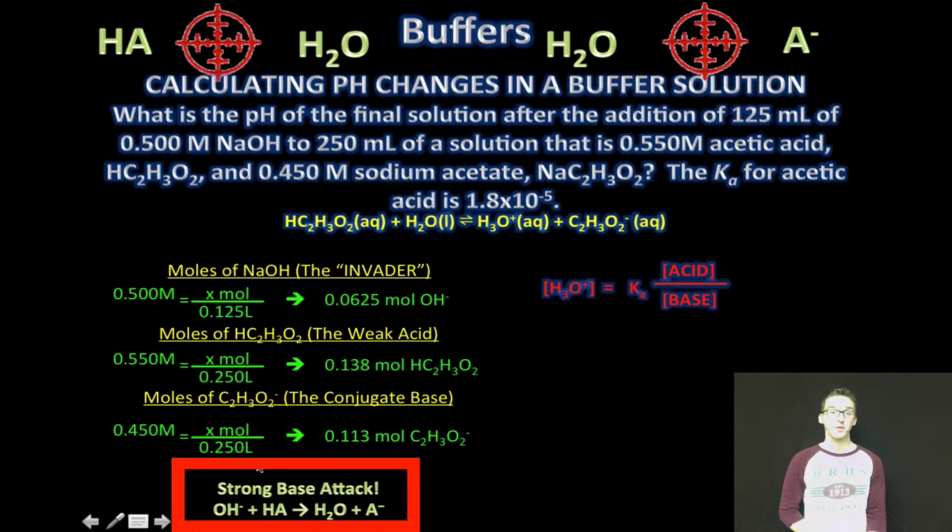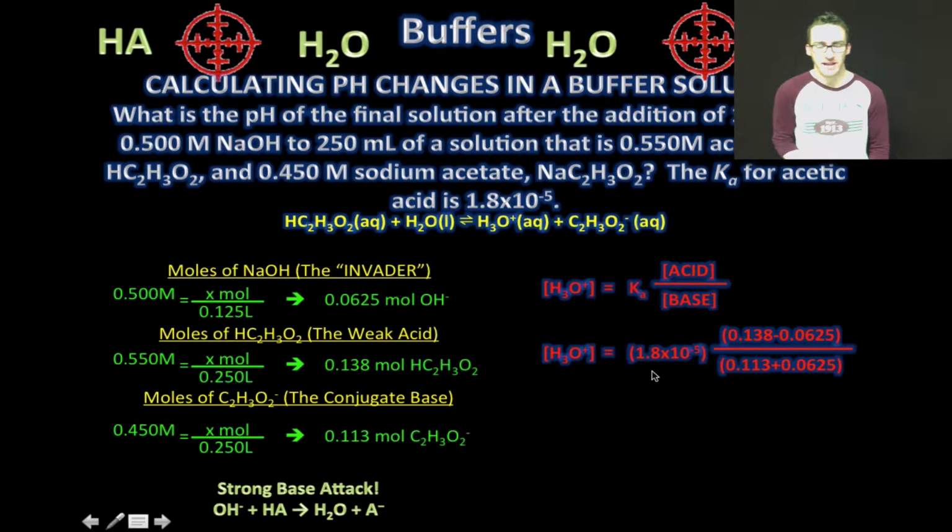And think about the reaction that's going to occur upon the addition of that strong base. In your buffer system, our weak acid is going to sacrifice itself, neutralize that added strong base, and help protect the pH. But in so doing, it's going to make some more conjugate base.